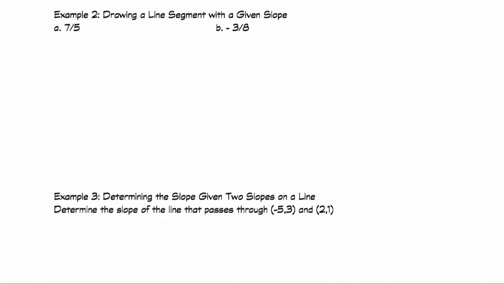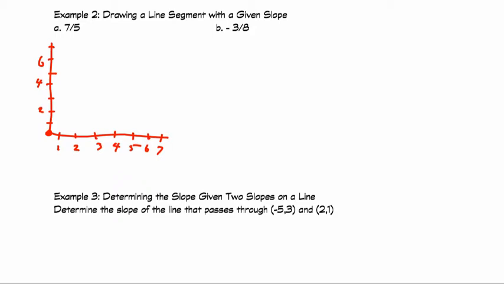To draw a line segment with a given slope on a graph, first you have to start off with your axes. Once you have your axes ready, you pick any point on the graph to start your line. Here I'm going to pick 0, 0 because that's the easiest to start on for this graph.